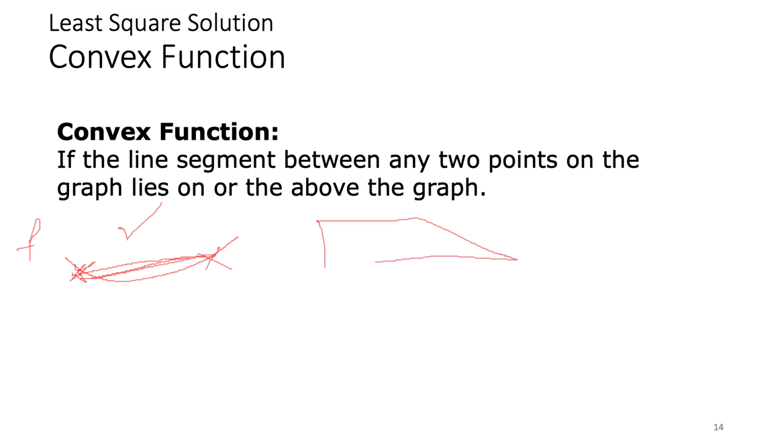How about this? Is it a convex function? Yes. Do we have no's? Yes, we have it. If you pick 2 points here, it's going to be inside. Is it a convex function?